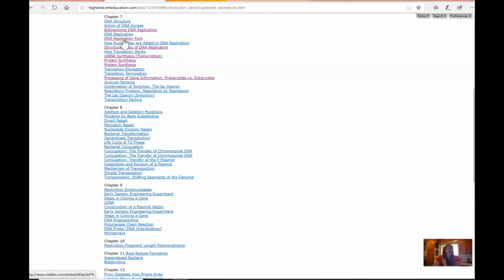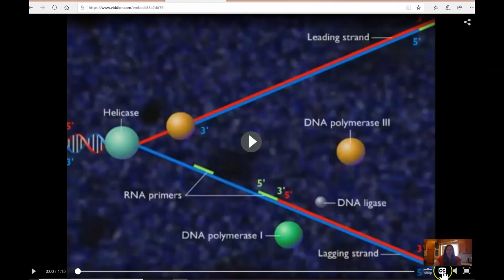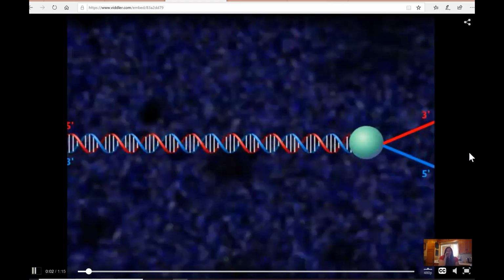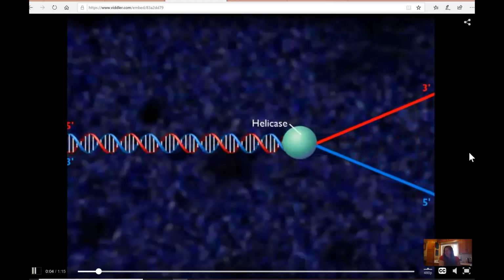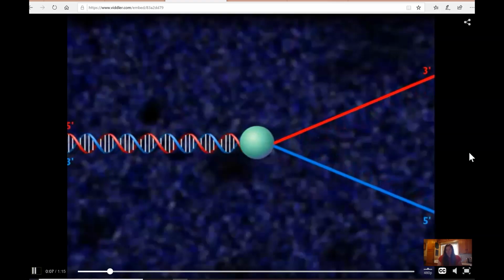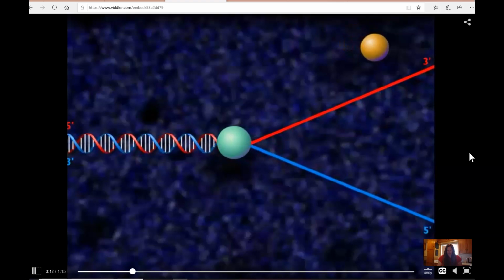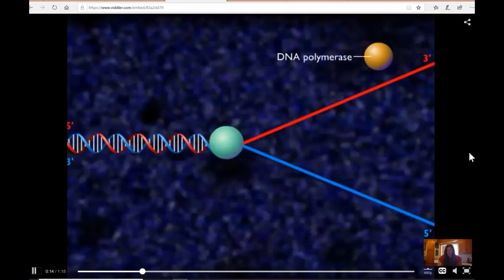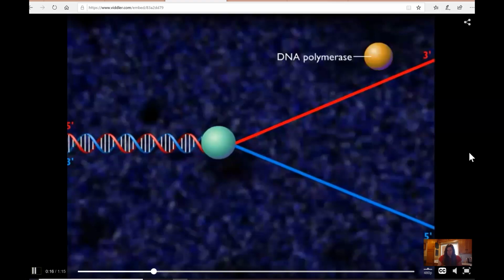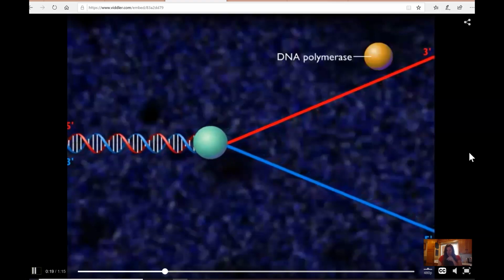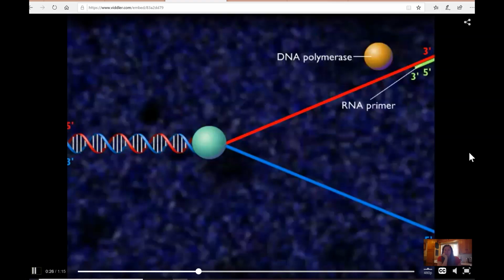Bidirectional, the replication fork. DNA replication begins when the enzyme helicase unwinds a segment of the DNA and opens up the hydrogen bonding between the two complementary strands of DNA. DNA polymerase, the enzyme that synthesizes DNA, can add new nucleotides only to the free 3' end of a nucleotide strand. To provide a free 3' starting point, a short primer is synthesized first.